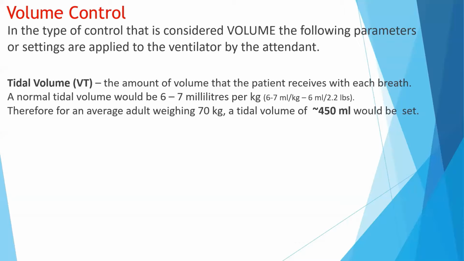A normal tidal volume would be 6 to 7 milliliters per kilogram. Therefore, for an average adult weighing 70 kilograms, a tidal volume of approximately 450 milliliters would be set. Note, too much volume can cause injury to the patient's lungs.